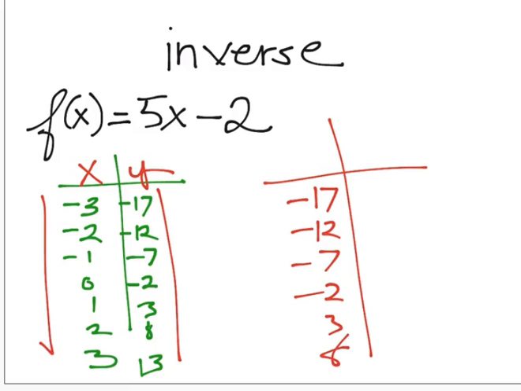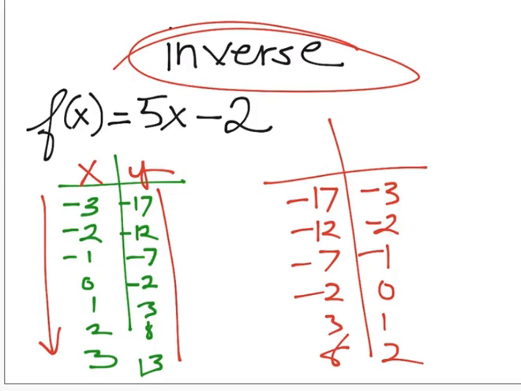Now I go over here for x's, and now what are they? Y's. -3, -2, -1, 0, 1, and 2. So whatever they give me, if they ask for the inverse, what's the very first thing I'm going to do? Make a table. That right there will probably tell me what I need to know.